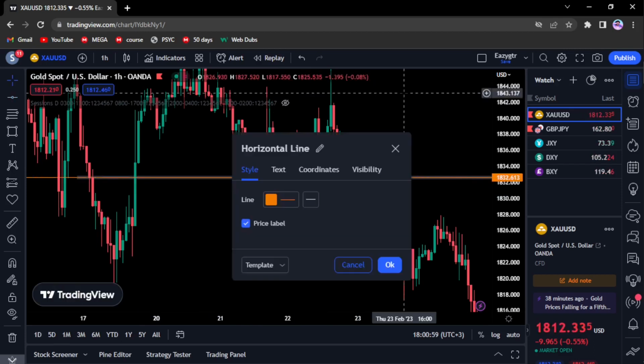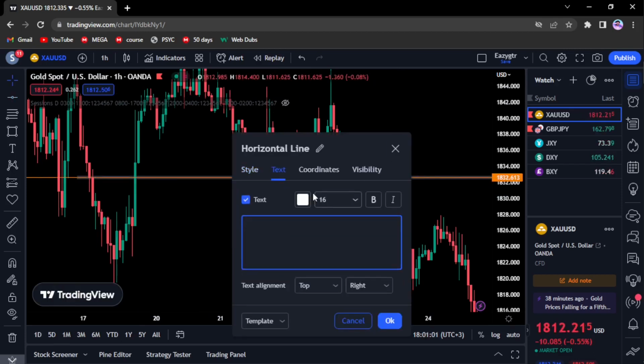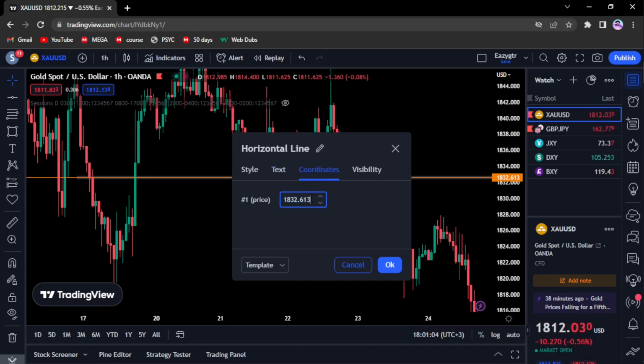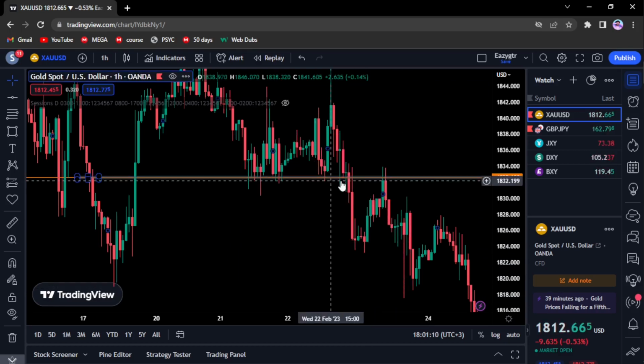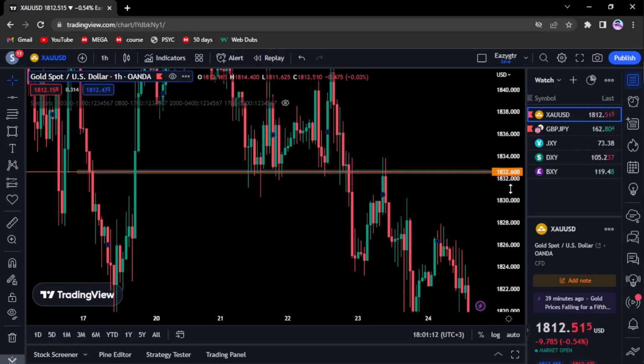Okay, so here you can smoothen it to 1832.600. Okay, so that's a key level, and you can use this level to watch how price interacts.